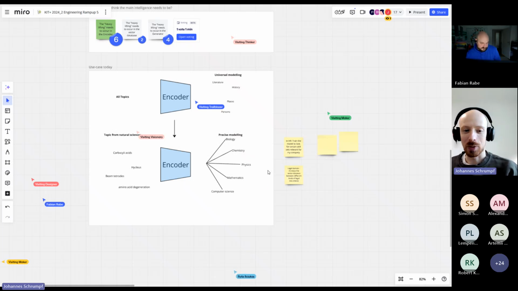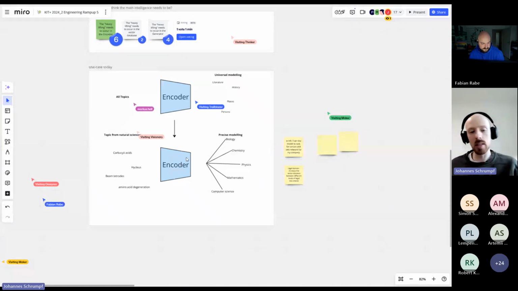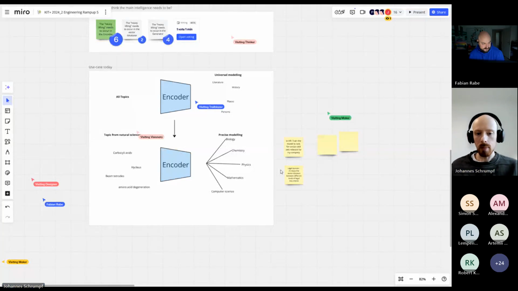But for today's exercise, today's toy use case, so to speak, we start out with a more or less universal encoder, and we transfer it into the domain where it's able to understand differences between natural science domains or documents from natural sciences. And this is our goal, basically.